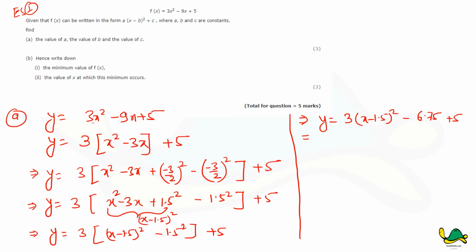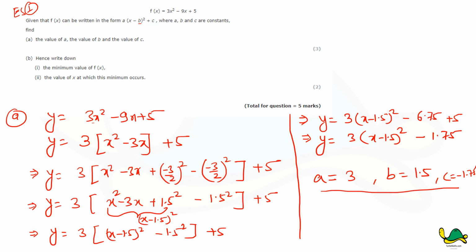Simplifying further, y = 3(x − 1.5)² − 1.75. Hence my a is equal to 3, my b is 1.5 and my c is negative 1.75. So I did my part A.